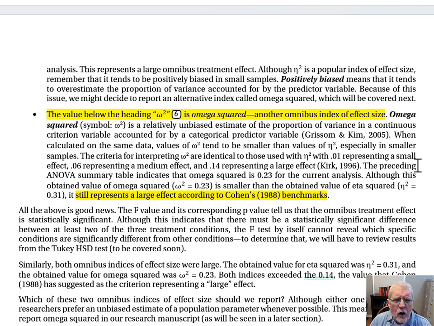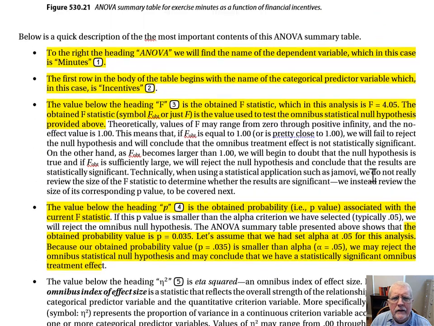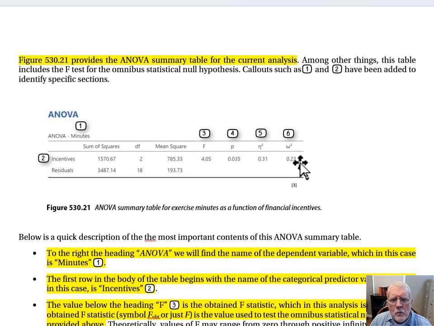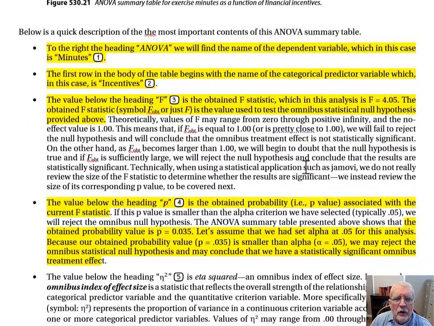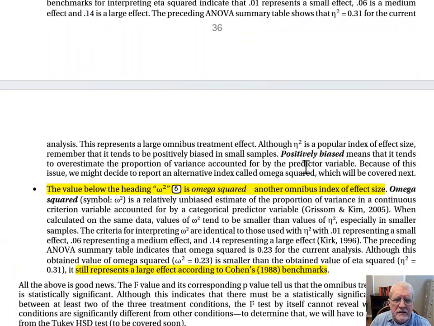In this case, our omnibus index of effect size was 0.23. Now, if the independent variable had no effect at all, we would expect this omega squared statistic to be 0. 0.23 is bigger than 0, but is it big enough for us to call it substantial?